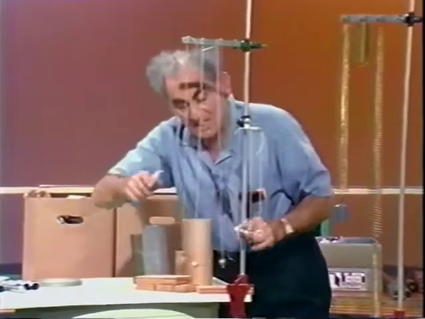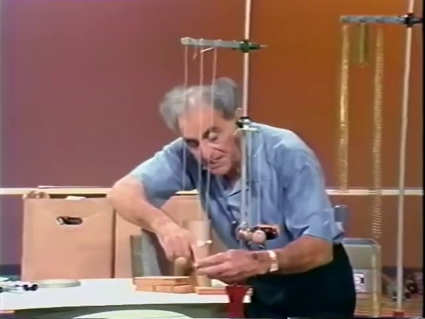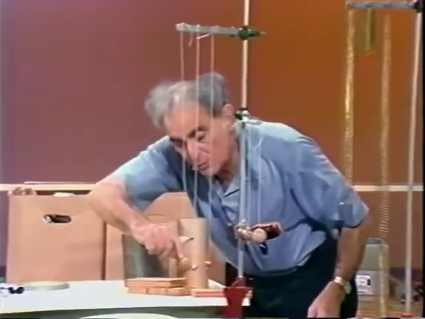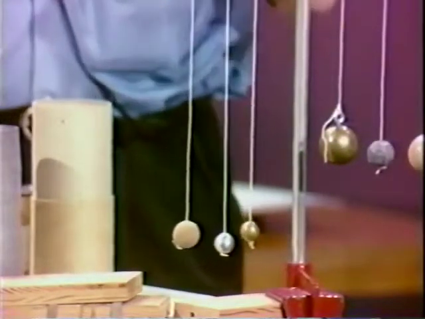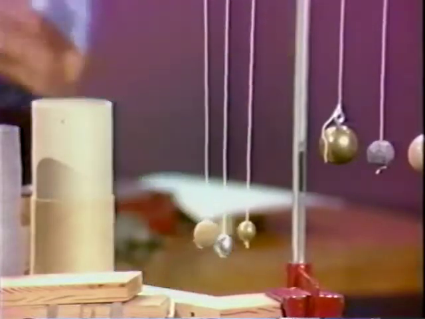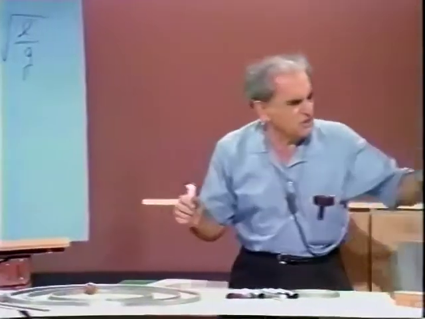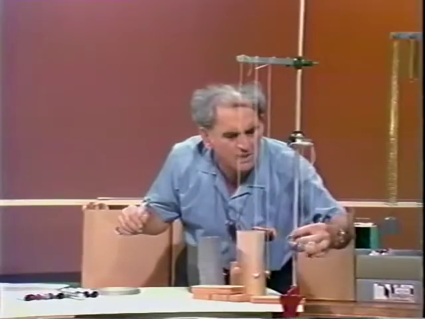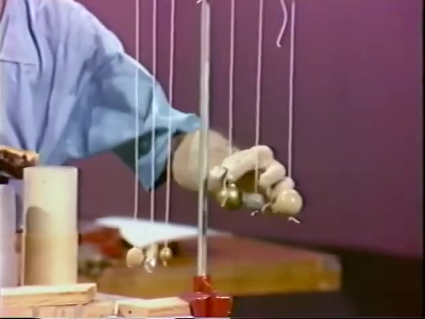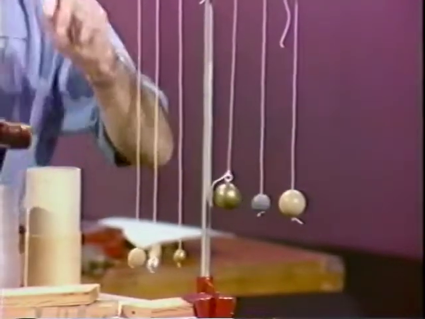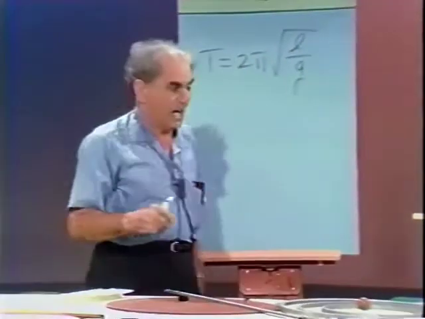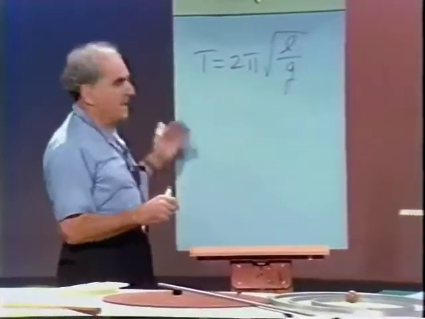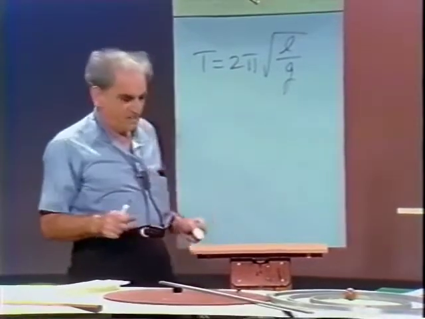Here is one made of brass, there is one of aluminum, there is one of cork, and we would find that if their lengths are identical, then their periods are identical. And that's a wonderful thing, because wouldn't you think that the heavier the bob, a different period would result? No, it does not. So we deal with simple pendulums, a bob on the end of a string.